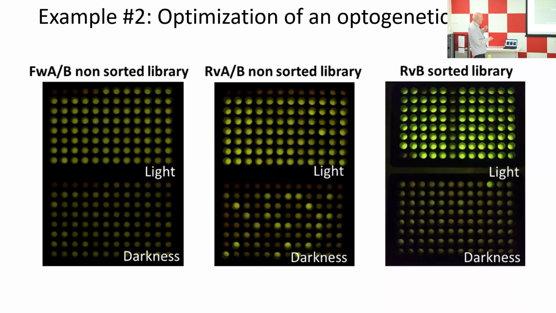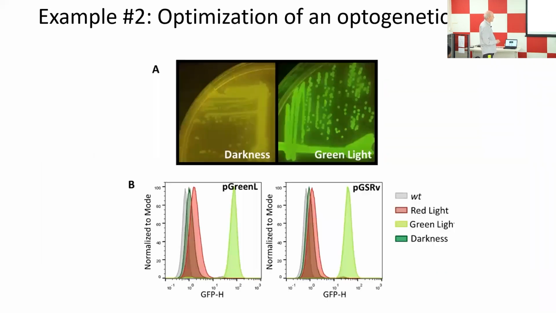But after various rounds of mutagenesis, you get this library, this specific set of clones where you can really see that in the darkness they don't express any gene, and in the light they express the gene of interest. In this case it is a proxy, just what I said, GFP. And visually it is very nice.